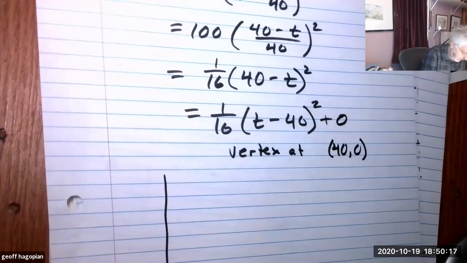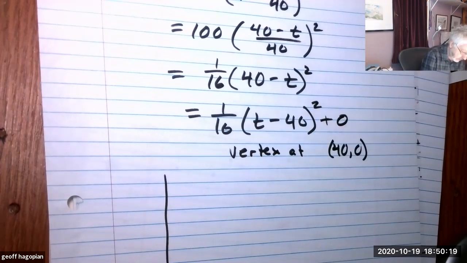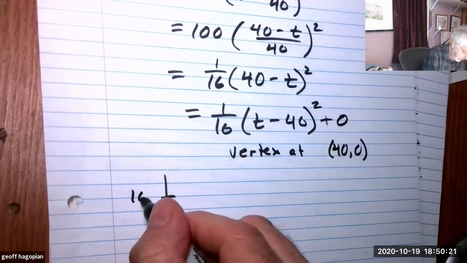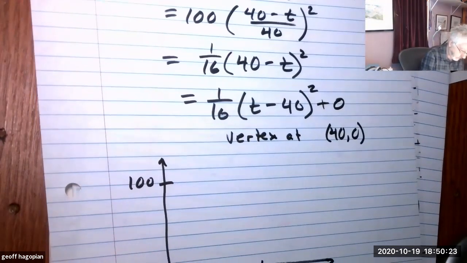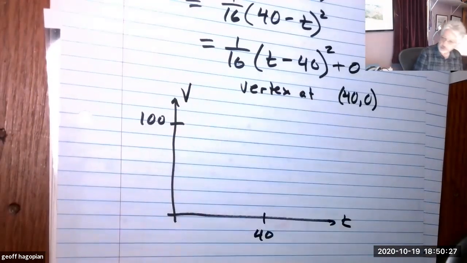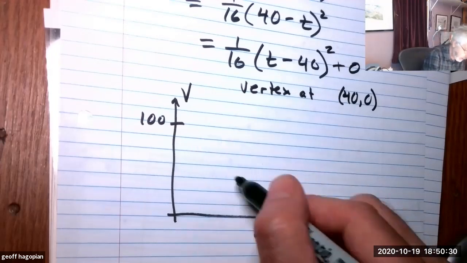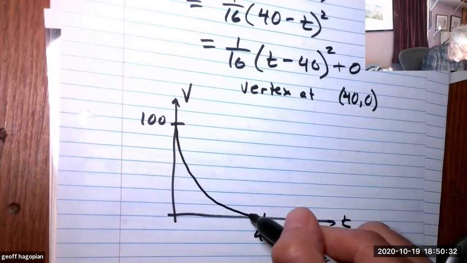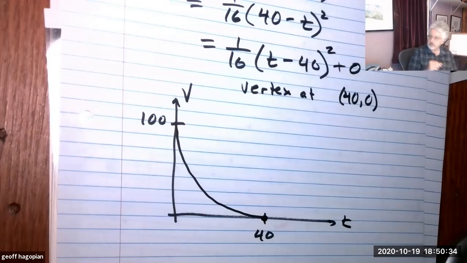And so when we graph this, here's 40, here's 100. This is the t-axis, this is the v-axis. We're plotting volume against time, and it's a parabola. I haven't plotted a lot of points. I just know it's a parabola with a vertex at (40, 0) and y-intercept 100, or v-intercept if you like.